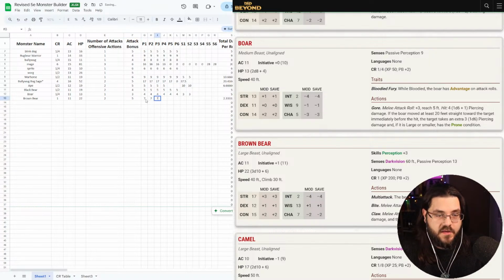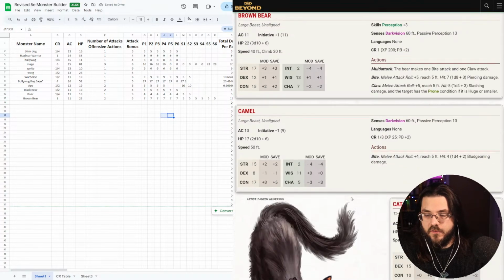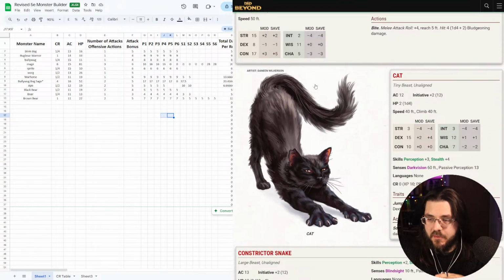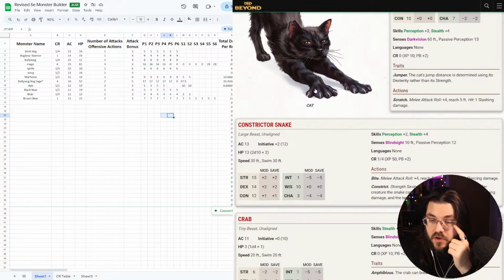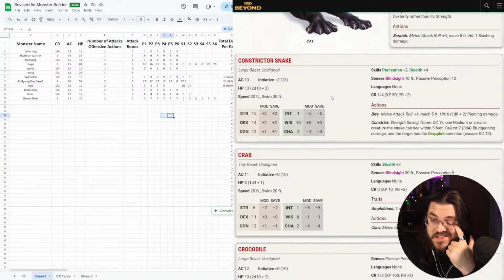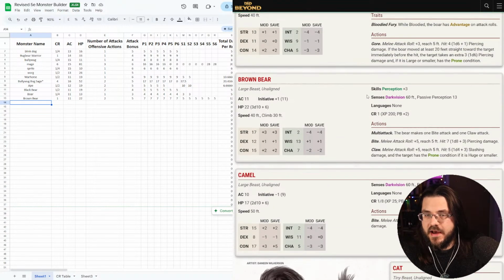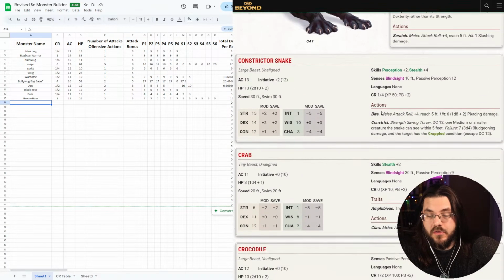So bites are all going to be 7, and claws are all going to be 5. So averaging out at 12. Camel can be ignored. Cat can be ignored. Constrictor snake. Yeah, we'll keep a constrictor snake. Did the bear have a save DC? No, it didn't. A lot of things that knock you prone just knock you prone now, which is quite scary.